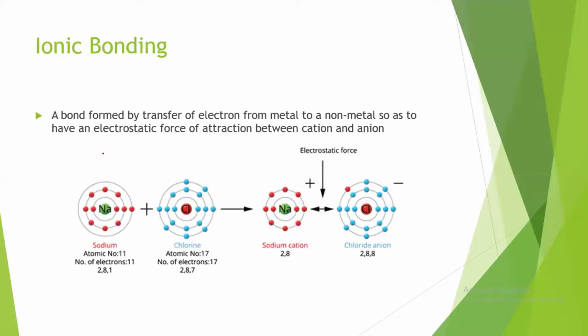So this is ionic bonding. Ionic bonding is a bond formed by transfer of electrons from a metal to a non-metal, so as to have an electrostatic force of attraction between cations and anions. First of all, I just want to elaborate one thing: why do atoms make bonds?